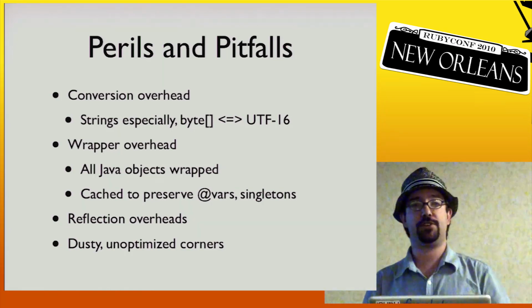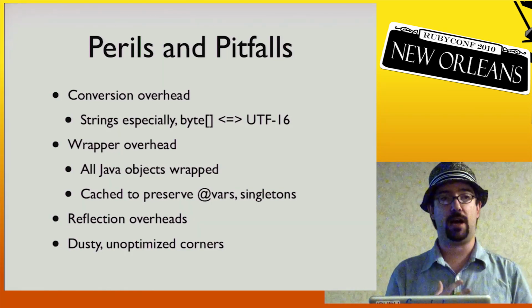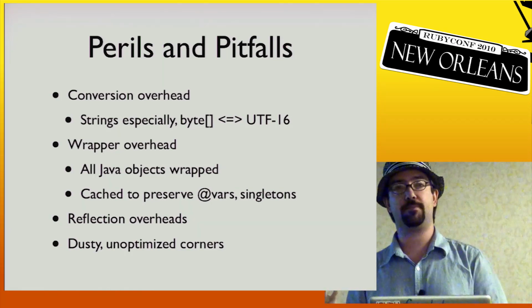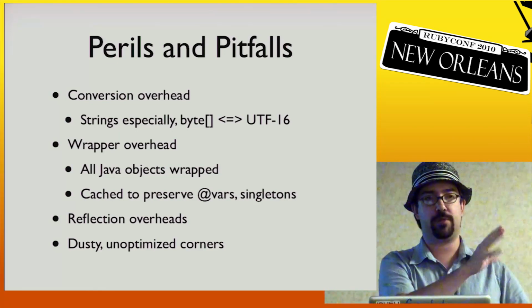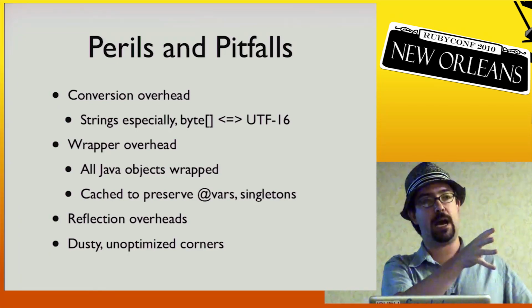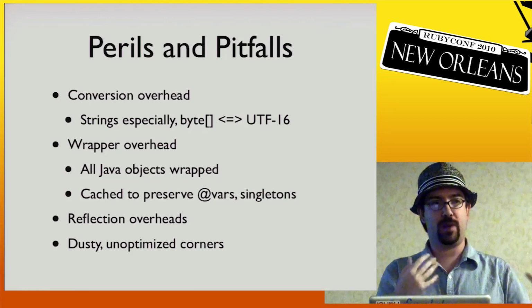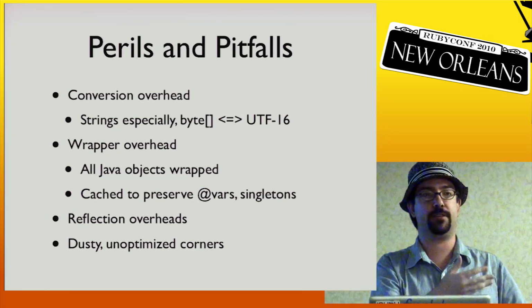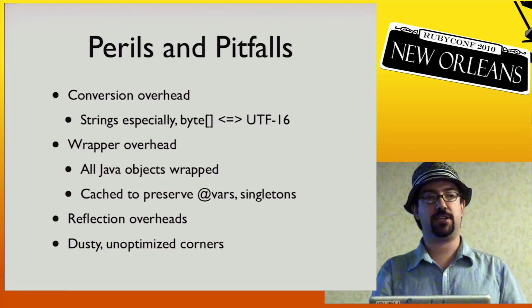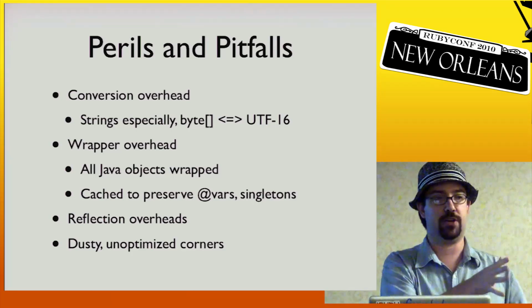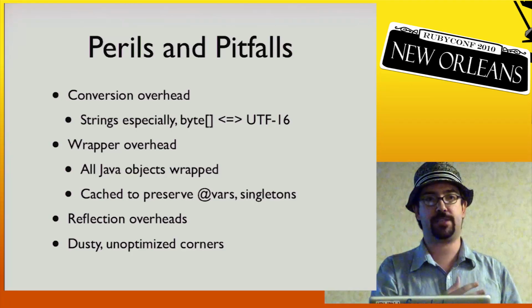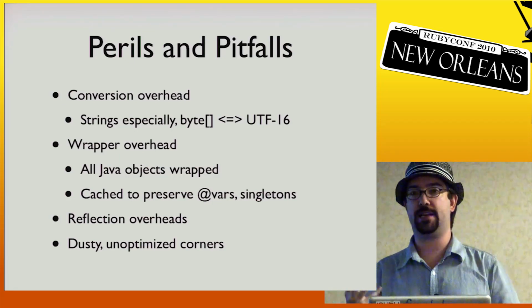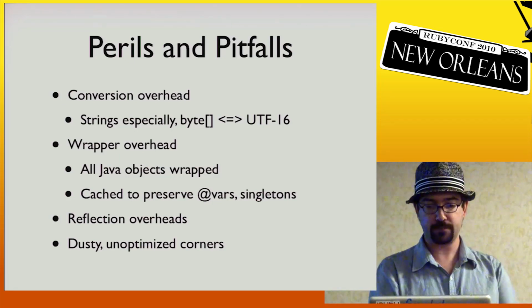There is also overhead just from the fact that we're wrapping other objects. Every Java object that comes into Ruby needs to get wrapped with a little pseudo Ruby object wrapper. And those wrapper objects, since we want to be able to do instance variables and singletonizing of Java objects, etc., those actually are held in a separate weak structure. So that can end up adding extra overhead just because we want to maintain the identity of those wrapper objects.